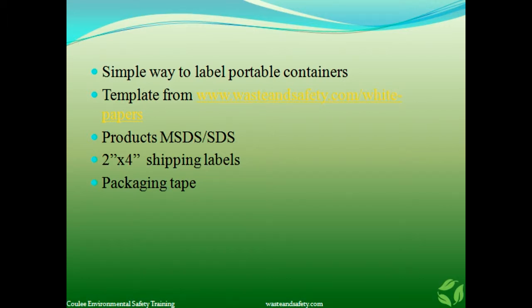There is a simpler way to label those portable containers, and I provide a template for that on Cooley Environmental Safety Training's website, which you can link to at wasteandsafety.com and go to white papers. Basically, all you're going to need to do this is your product's MSDS or safety data sheets, some normal 2 by 4 inch shipping labels, and packaging tape.